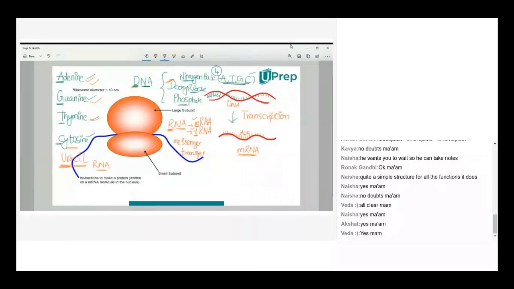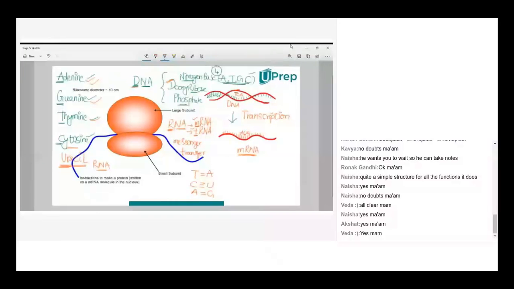Assume that on DNA you have TCA. So for T, there is synthesis of A. For C, there is synthesis of G. For A, there is synthesis of U. Like this it will happen. For each nitrogen base, there will be a complementary nitrogen base on RNA.